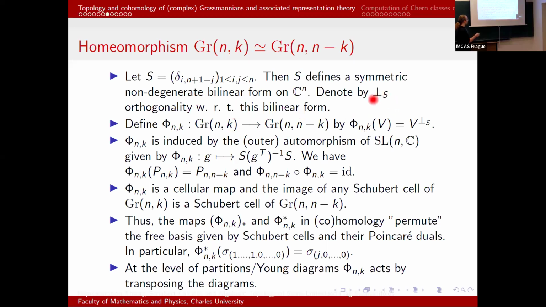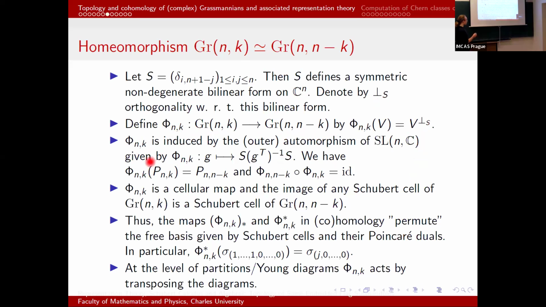And we denote by this symbol the orthogonality with respect to the bilinear form defined by this matrix. And then we define the map phi nk from Gr nk to Gr n, n minus k by assigning to a k-dimensional subspace its n minus k-dimensional orthogonal complement.